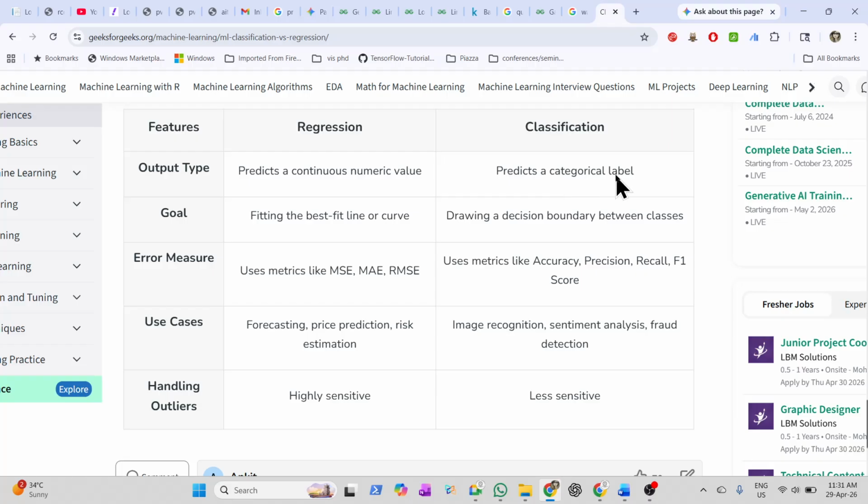Classification predicts a categorical label. This is the primary difference between these two. So from regression we get a numeric output, whereas in classification we get a category or a class or a label or a target output. There are some other differences as well which we already learned. I just wanted you to recall that the output of regression is a continuous numeric value and the output of classification is a categorical label.